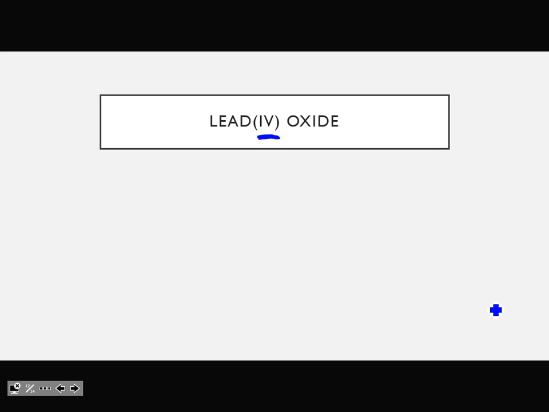So as I'm looking at this, lead, Roman numeral 4, oxide. What does that tell me? Well, it tells me that I'm dealing with lead 4+, because the Roman numeral 4 signifies that I have a 4+ charge. What is my anion for oxygen or oxide? 2-. Okay?